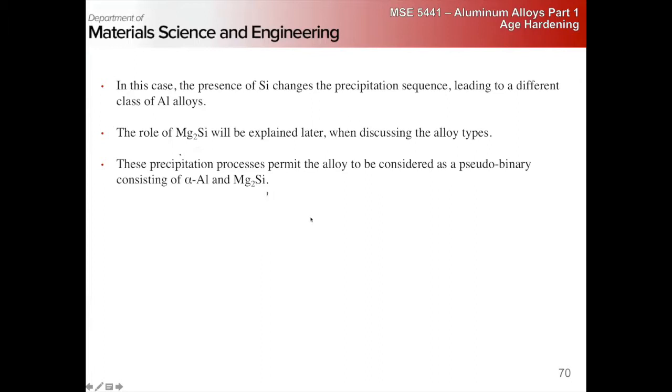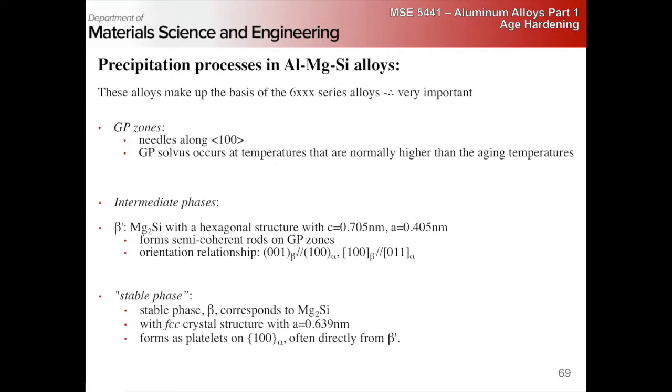But really, we think about this not as a ternary, but as a pseudo-binary, meaning a 2-component mixture of aluminum and magnesium silicide. If we treat this as a second element, this precipitation sequence essentially follows what we get for aluminum copper.